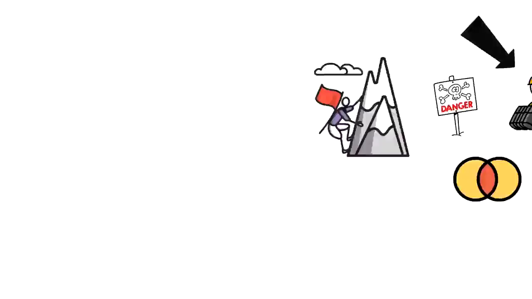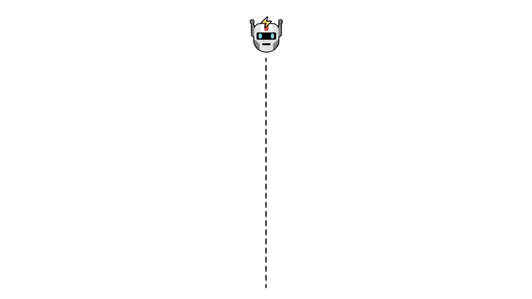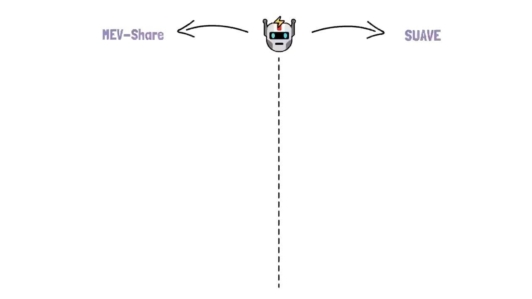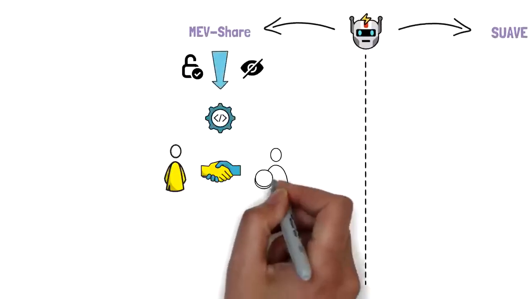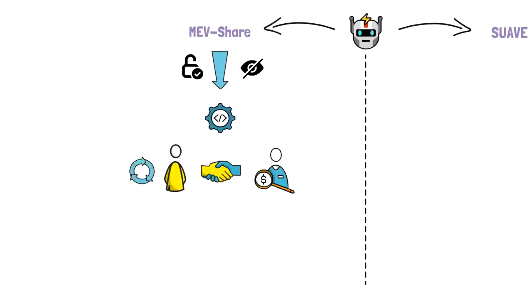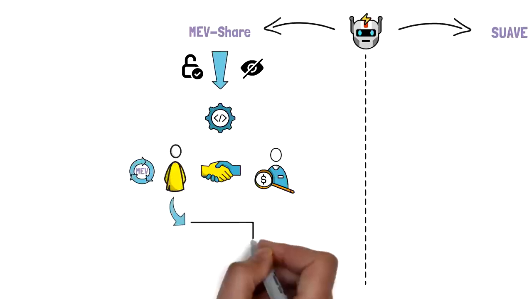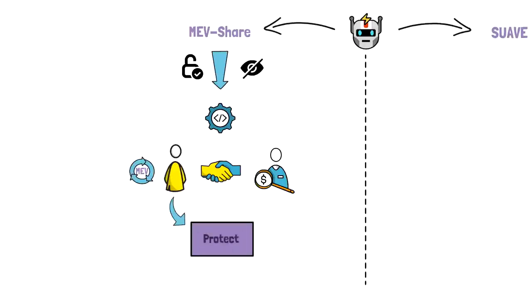To address these problems, Flashbots started working on 2 new initiatives, MEV Share and Suave. MEV Share focuses on creating a permissionless and private matchmaking protocol between users and searchers, where users can benefit directly from the MEV they generate. Users can access MEV Share automatically by sending transactions through Flashbots Protect.